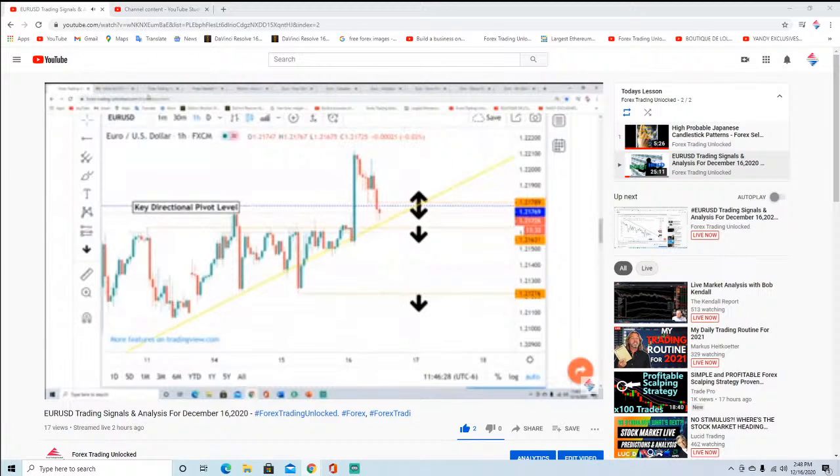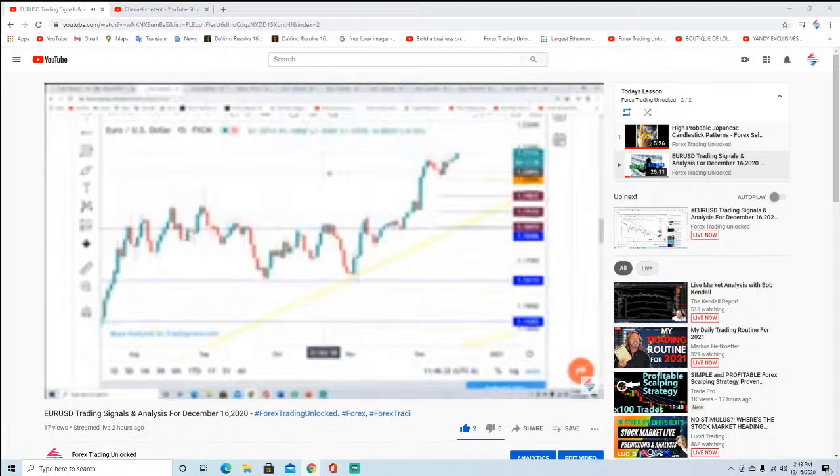On the daily basis, though, we spiked high, because you can see we made a higher move high after having made a higher move low.